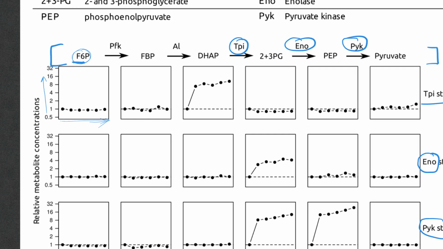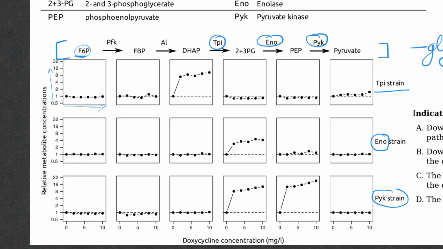That is why you have so many graphs, right? So you are measuring 1, 2, 3, 4, 5, 6 metabolites as the concentration of doxycycline was increased for each metabolite in each of those strains.